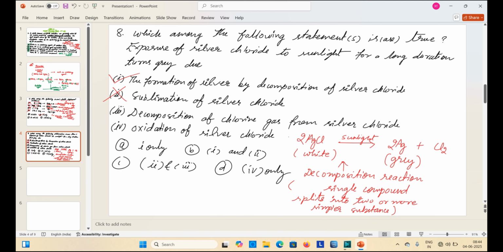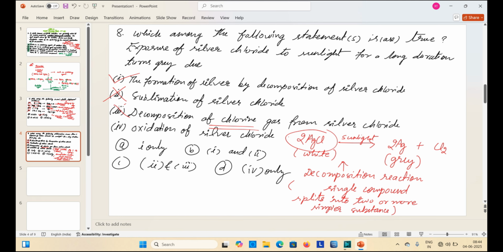Third, decomposition of chlorine gas from silver chloride. Look here, there is no decomposition of chlorine gas. Here the decomposition of silver chloride is taking place, not the decomposition of chlorine. Chlorine gas is formed due to the decomposition of silver chloride, not due to the decomposition of chlorine.